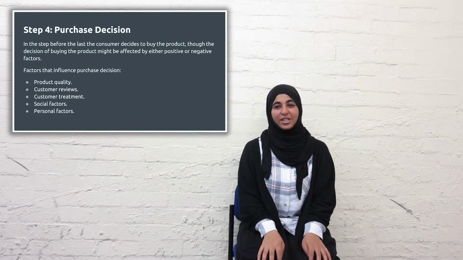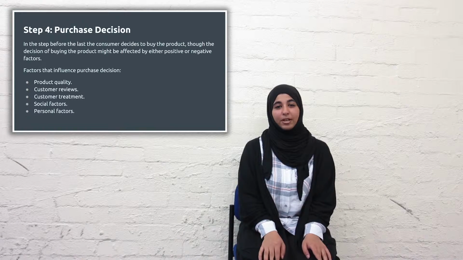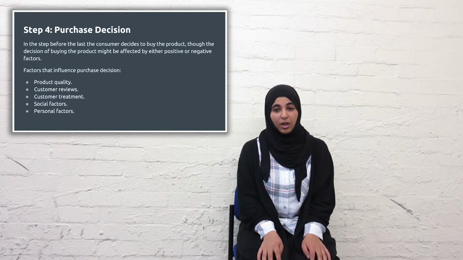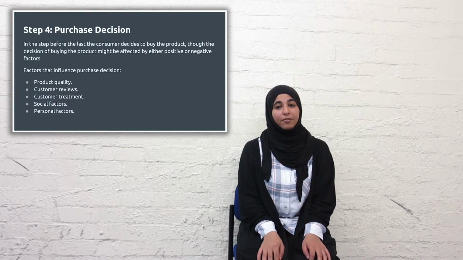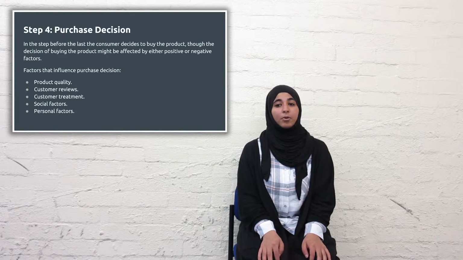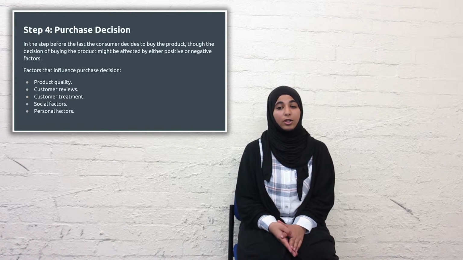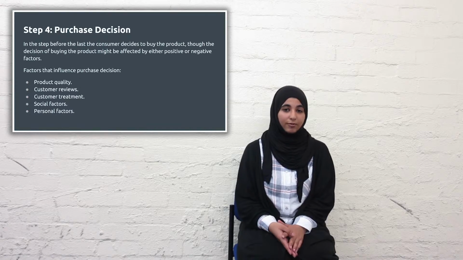Step 4. Purchase decision. In this step, the consumer finally decides to buy the product or good, though this decision may be affected by positive or negative factors. In this presentation, we'll mention only 5 factors, which are product quality, consumer reviews, customer treatment, social factors, and personal factors.